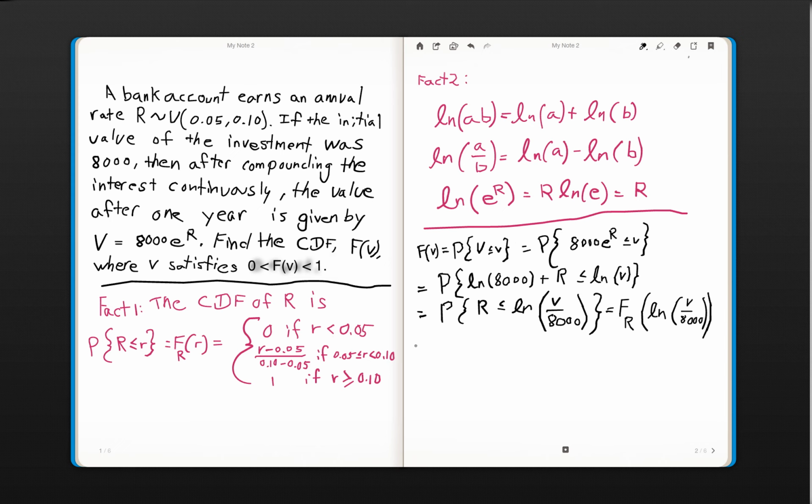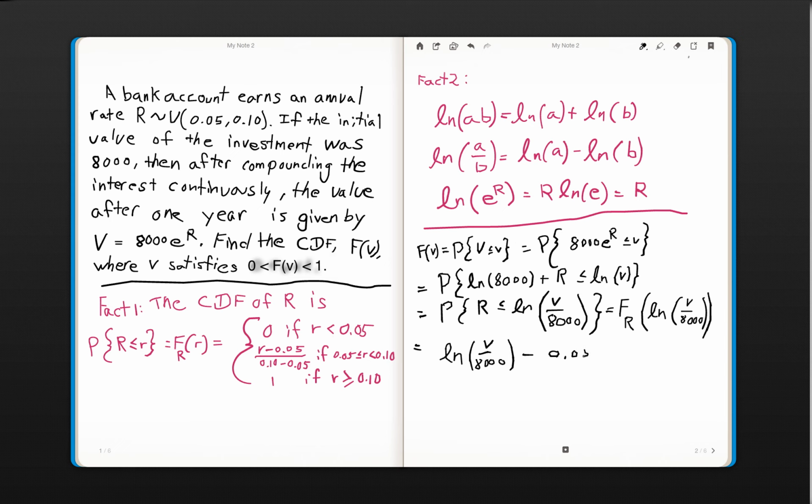This is then just equal to, and we're only really interested in it for V between 0 and 1, which essentially means we're going to evaluate it at R, this value here. So this will be equal to the natural log of V over 8,000 minus 0.05.